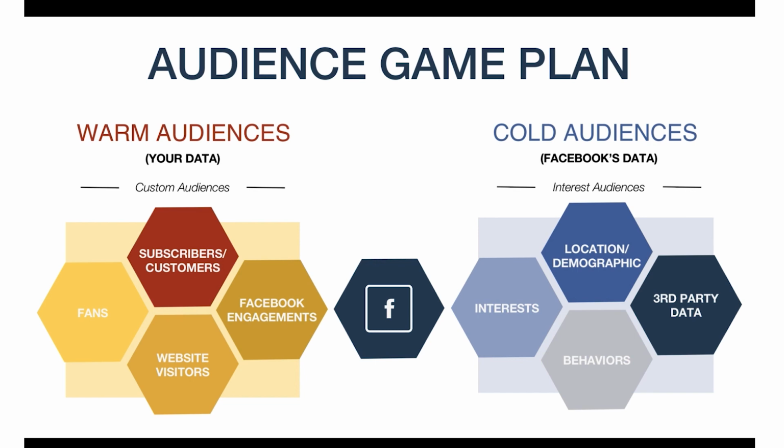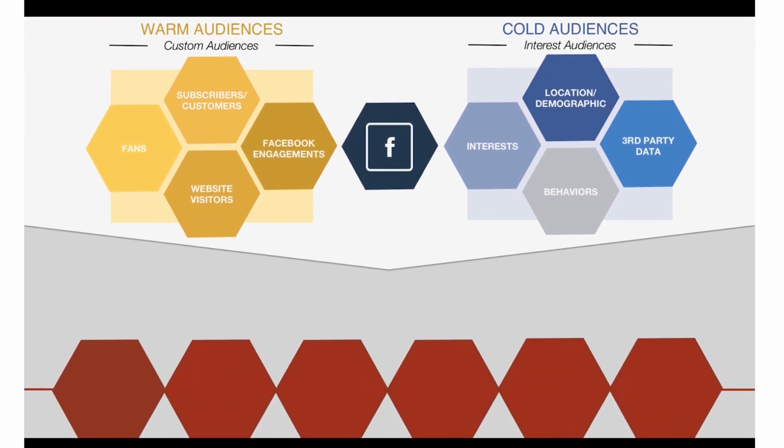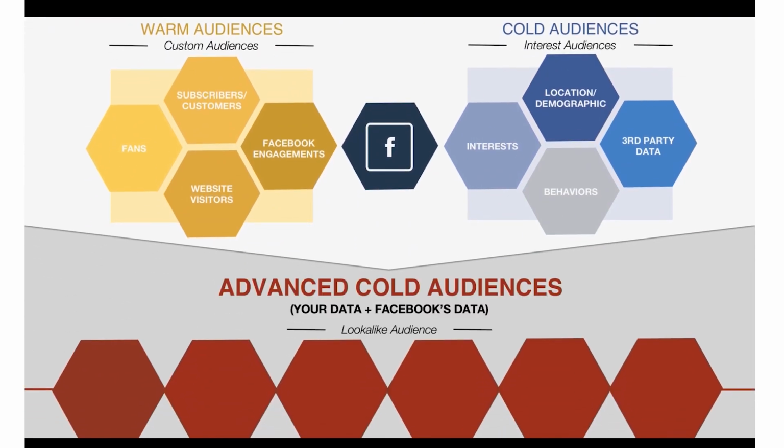This could be your subscribers, your fans, people who visit your sites, people who liked, commented, and shared on your Facebook page, which is engagement. Or it could be based on Facebook's data, cold audiences: people based on a certain location, what they like, their interests, their behaviors, or third-party data. In order to scale this, you want to create lookalike audiences based on either your data or Facebook's data or both.